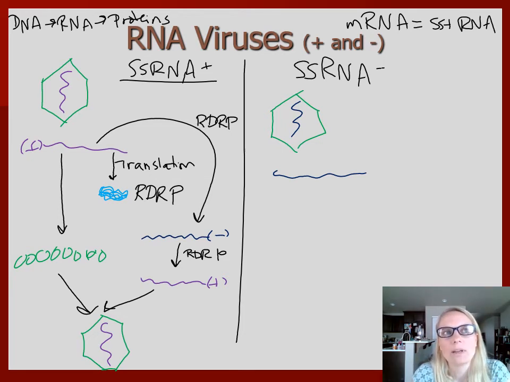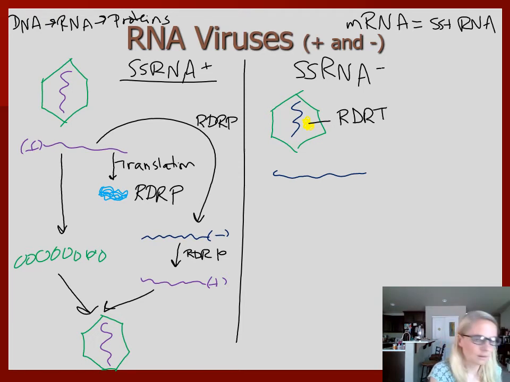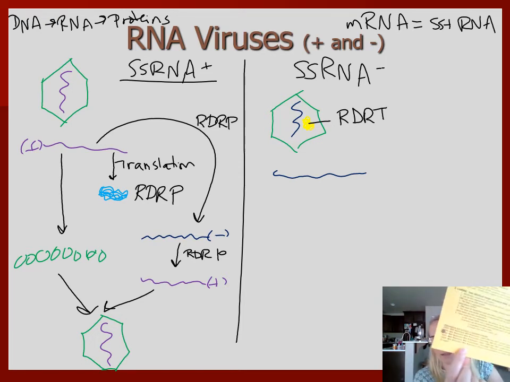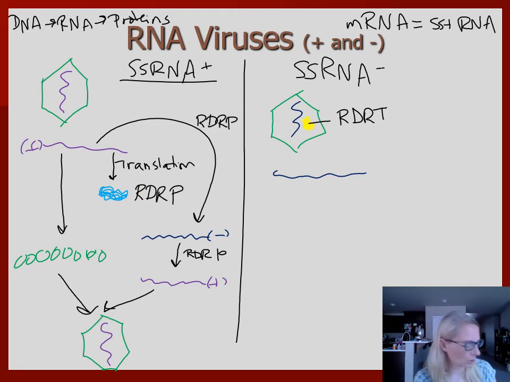Now, if this particular virus didn't carry something special in with it, it would just be done. There's nothing our cells can do with a negative RNA virus. It would just kind of sit there, probably would get recycled. But this virus carries its own enzyme. And this enzyme is called RNA-dependent RNA transcriptase, RDRT. Again, that's down here in all of our descriptions.